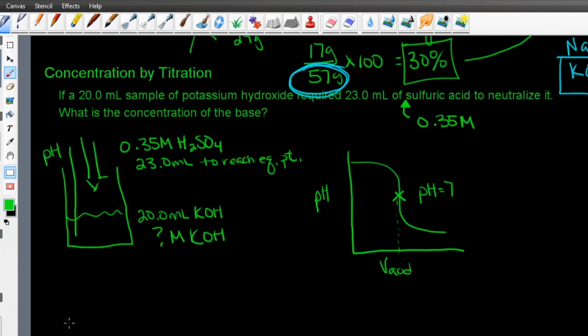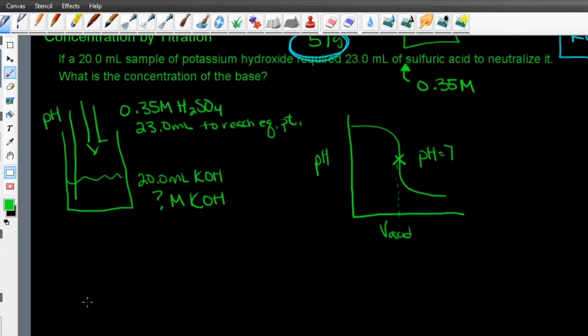All right, so obviously we want to use a balanced chemical equation in order to do our stoichiometry. So I'm going to scroll, make sure I don't run off screen here. All right, so KOH, here's my base, plus my H2SO4, which is my acid.